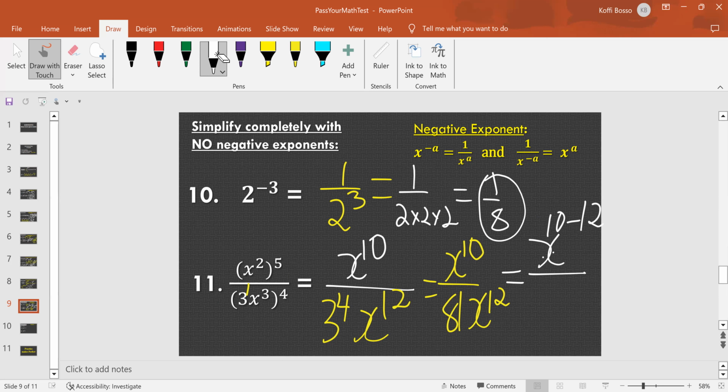We can do that because the base is the same, x, so we subtract the powers, using the quotient rule. And the bottom, the 81 stays.